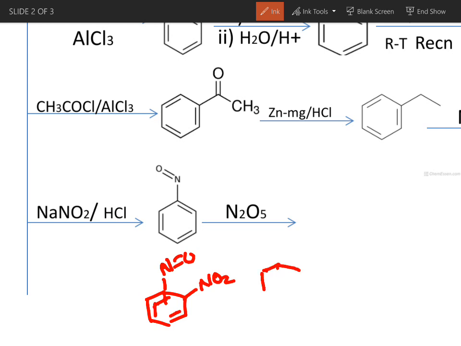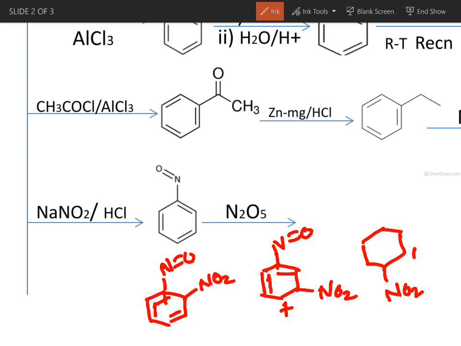If this NO2 attaches on meta position, the positive charge will be formed at this position, these two will remain as it is. Similarly, if NO2 attaches to para position, positive charge will develop on this carbon, this remains as it is. Now these positive charges are stabilized by double bond in all the cases.